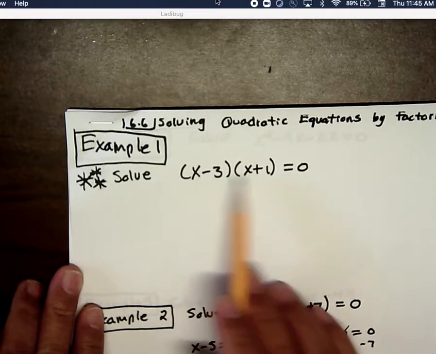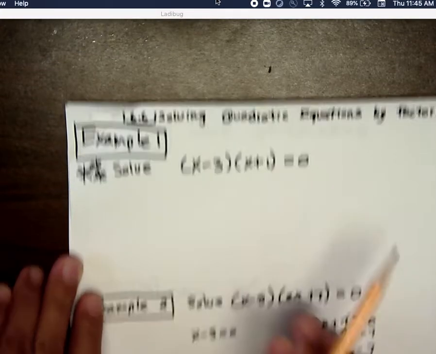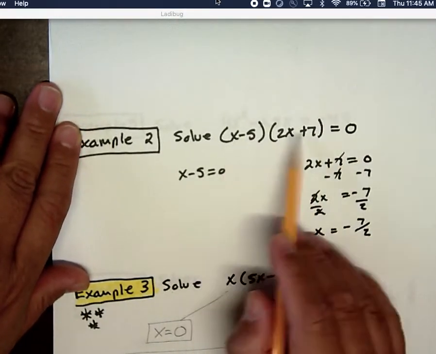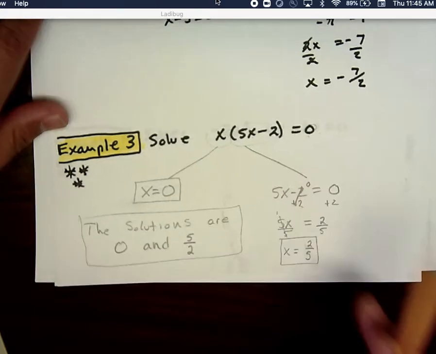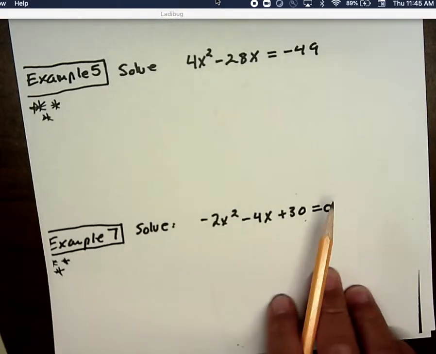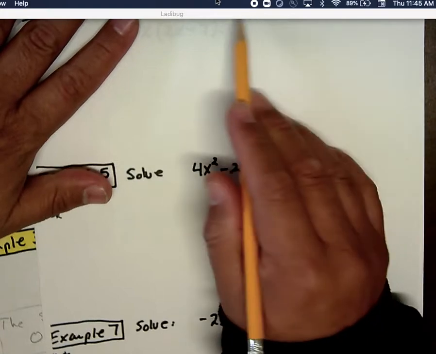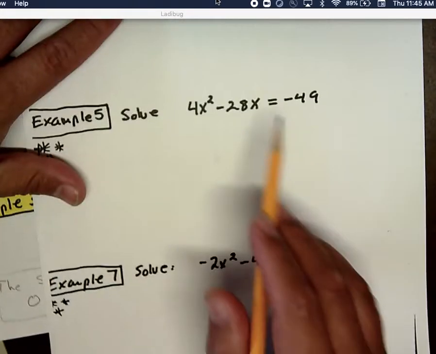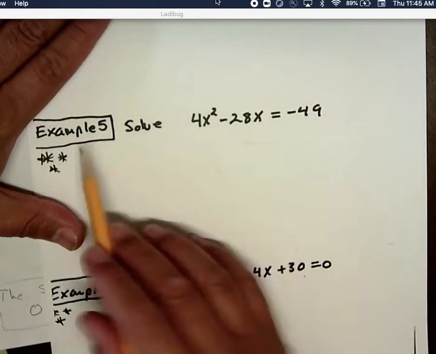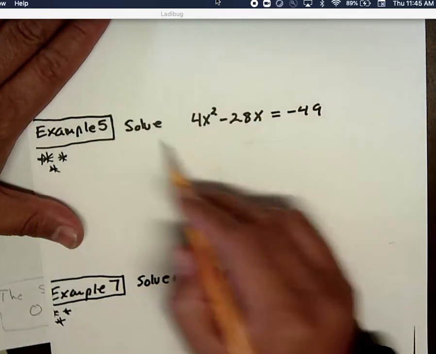To find solutions, everything needs to equal 0. Again, equals 0. The one that I did was equal to 0. So if you see like this one, that one's equal to 0, so that one's good.